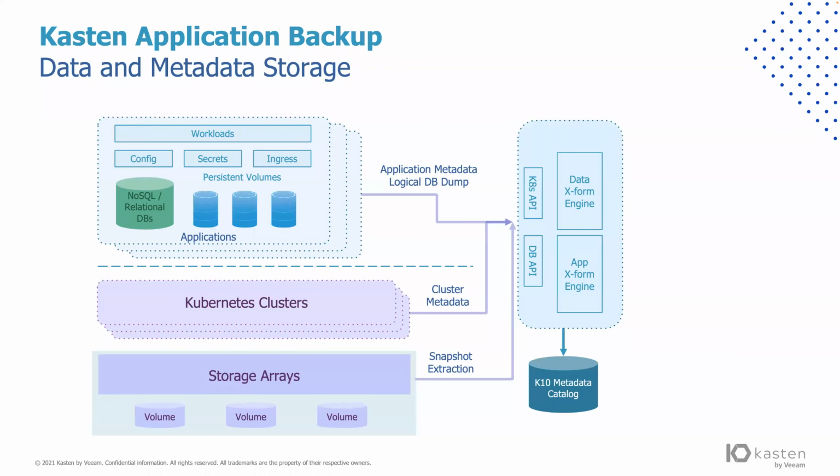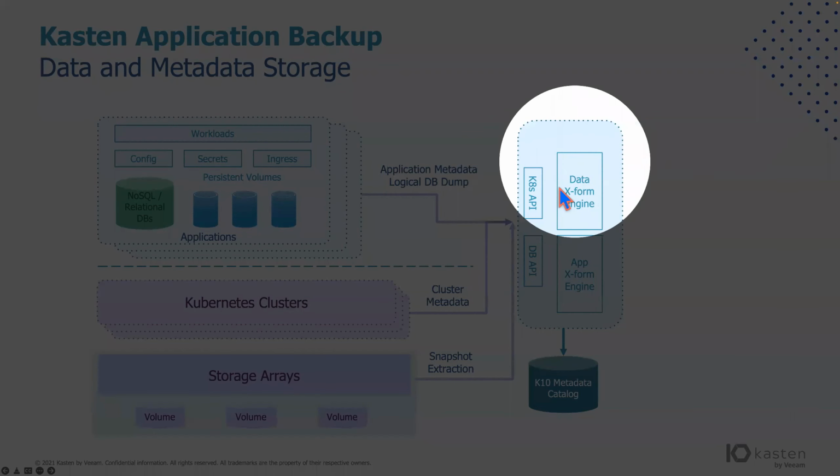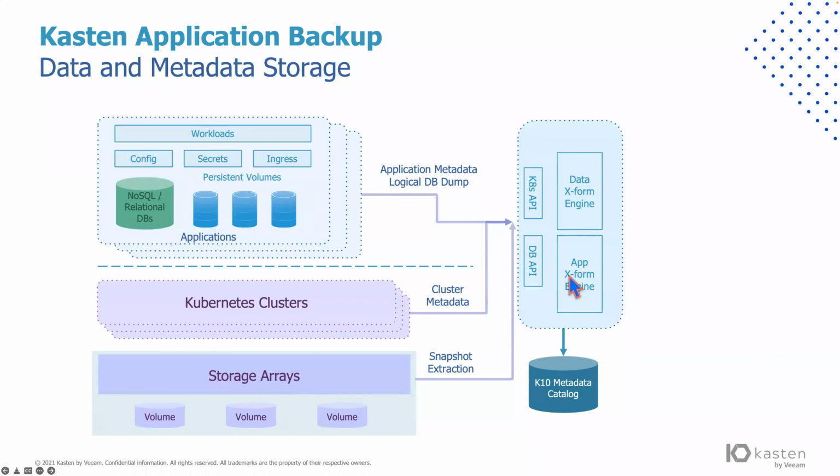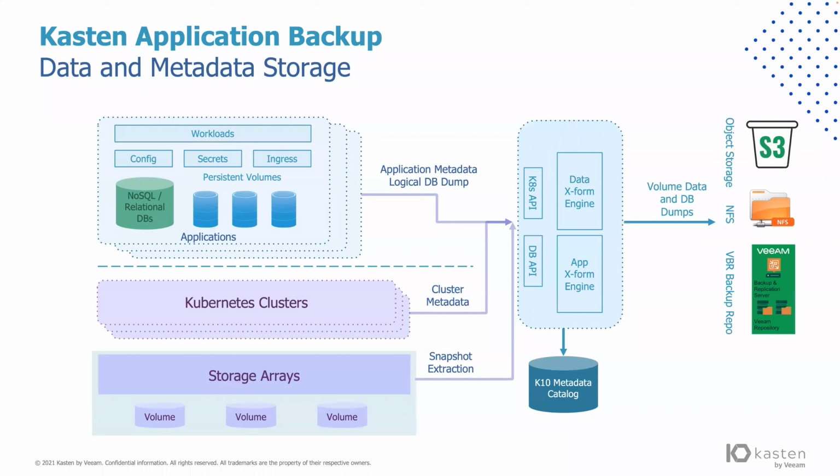So obviously, through the data transformation engine and application transformation engine, we store some metadata in our Kasten K10 metadata catalog, but we also highly recommend customers to always send another copy to external object storage or NFS storage, or even a VBR backup repository is also supported.